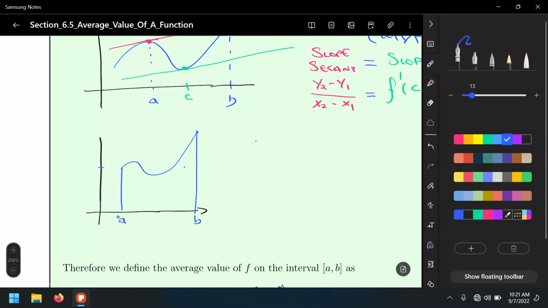When we evaluate the function at a, this y value will be f of a. If we evaluate our function at the value of b, this will be f of b. All right? And the integral in this case, again, is going to give us the area under the curve.